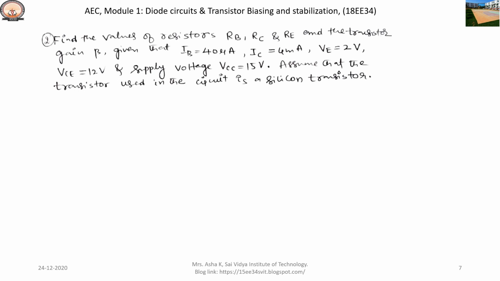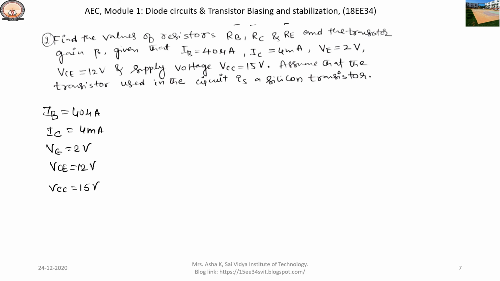Find the values of the resistors RB, RC, RE and the transistor gain beta, given that IB is 40 microamperes, IC is 4 milliamperes, VE is equal to 2 volts, VCE is equal to 12 volts, and the supply voltage VCC is equal to 15 volts.